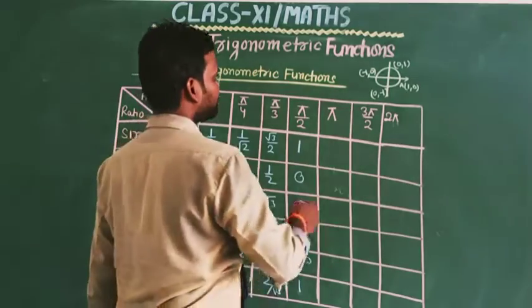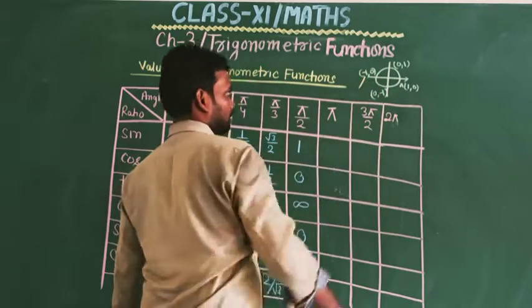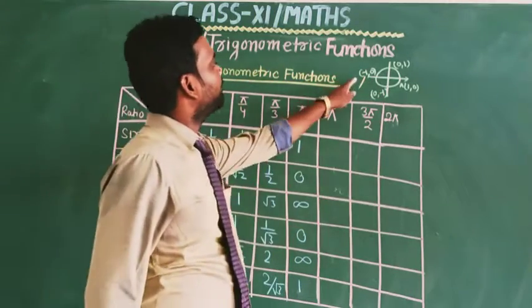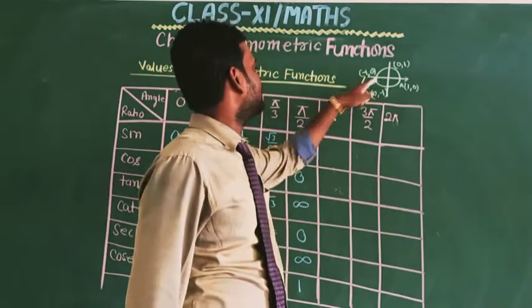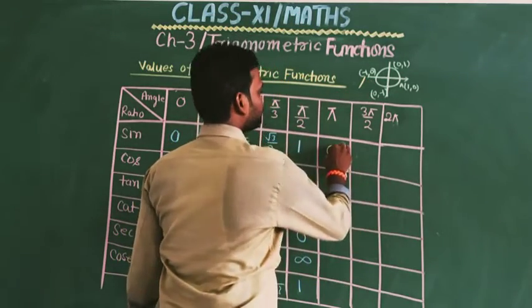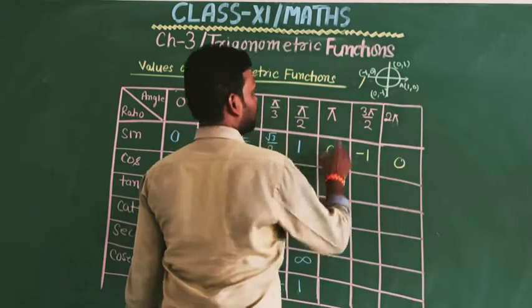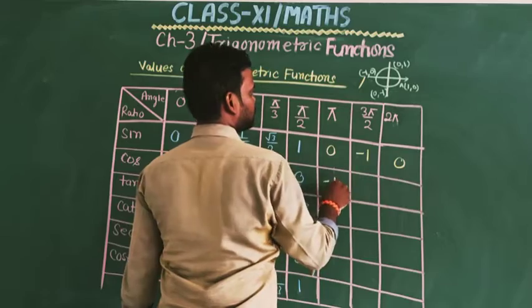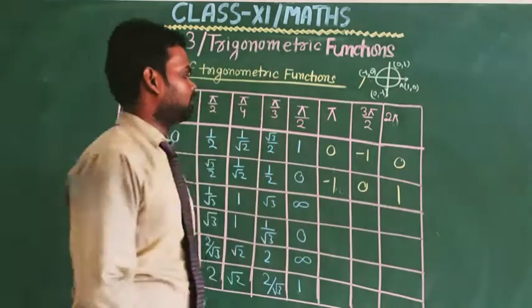So this is pi. Here the first position represents cos, and the second is sin. So sin pi is 0, and cos pi is minus 1.